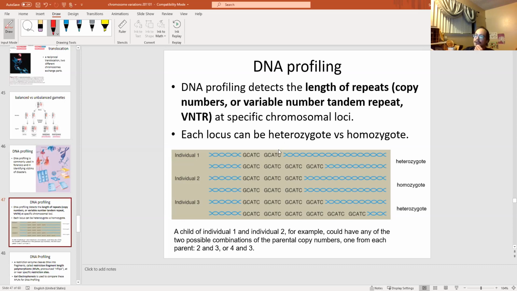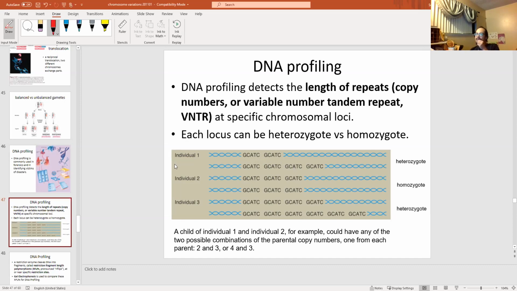And so for example, each chromosome, each gene has two alleles, one from mom, one from dad, right? So you can have the heterozygote repeats, like this one here. You have two repeats in one chromosome, the other repeat on the other chromosome, the other DNA.